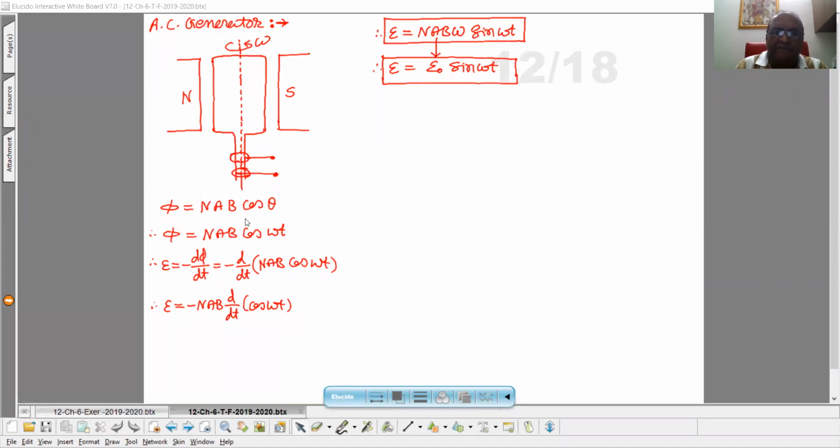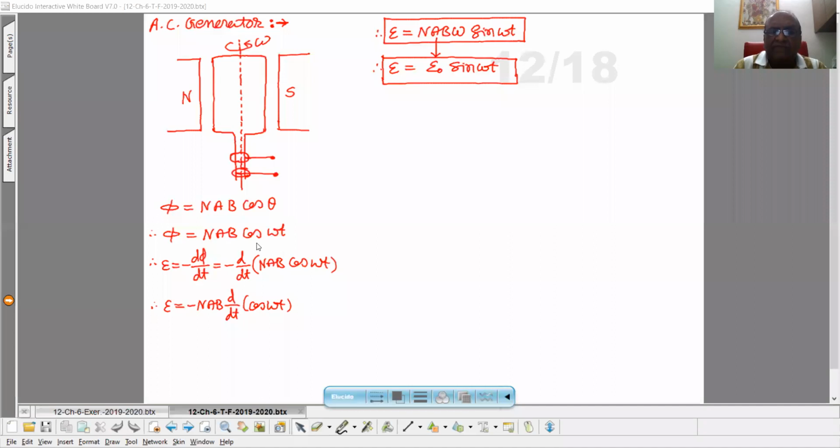Now we know the flux associated with the coil is given by N B dot A. So we can write that as NBA or NAB cos theta. Theta is the angular displacement. If it is rotated with angular speed omega, then in time t, the angular displacement is omega t. So flux phi is NAB cos omega t.